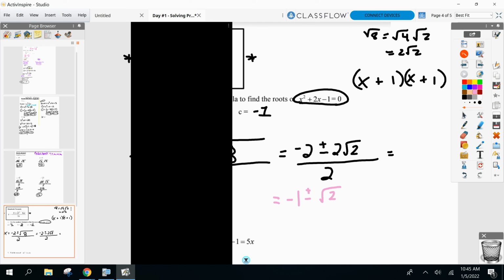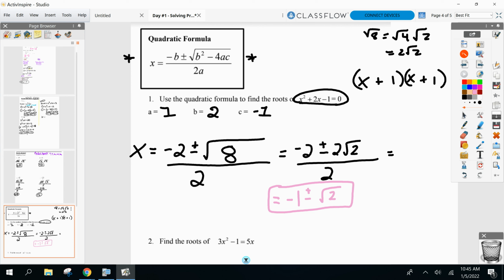Everyone see that? The left and the right divisible by 2. And there is my final answer: -1 plus or minus radical 2. This is only if I cannot factor. I have to use the quadratic formula to solve.